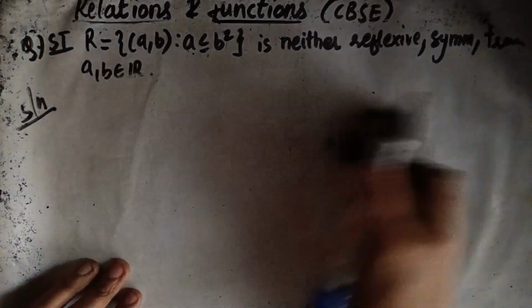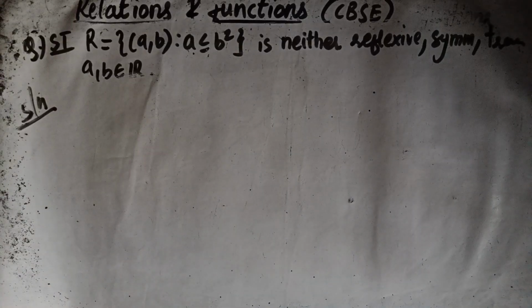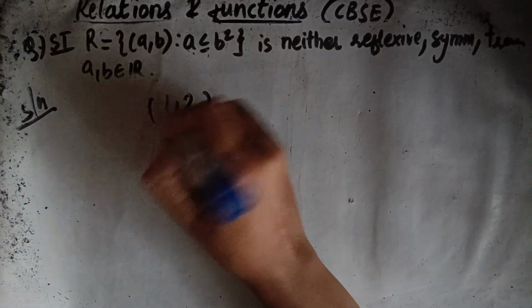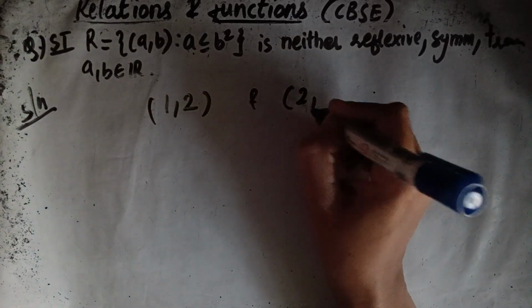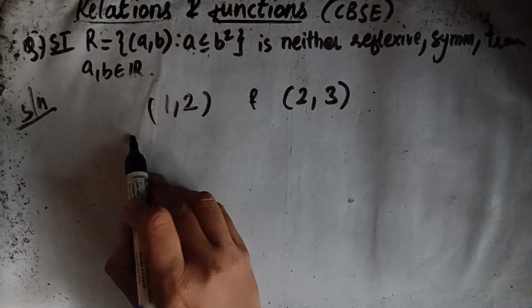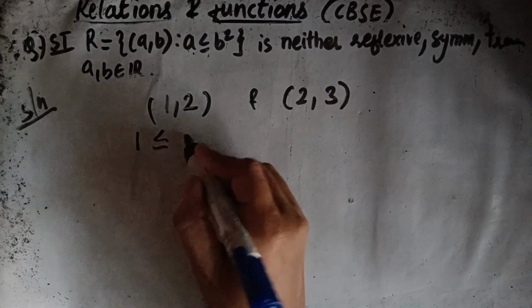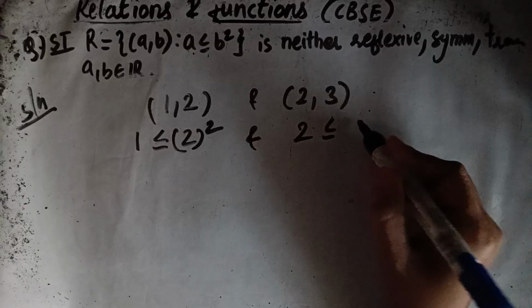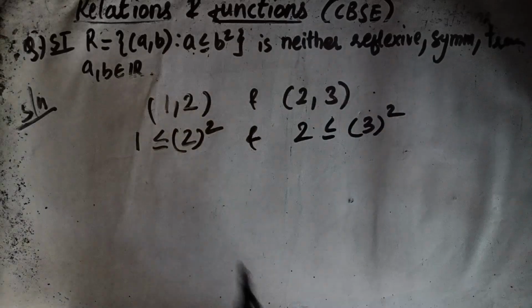Next is transitivity. That is, you have to take some elements (a, b) and (b, c). Suppose you take (1, 2) and (2, 3). One way this is possible: 1 is less than or equal to 2 squared and 2 is less than or equal to 3 squared, correct?